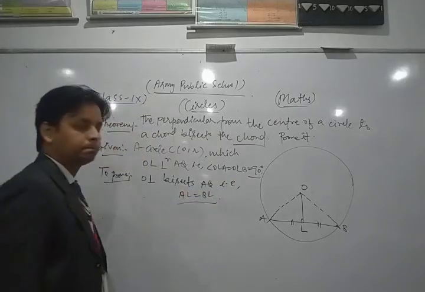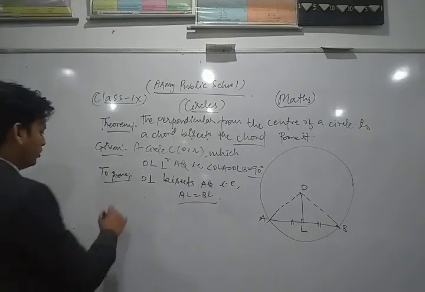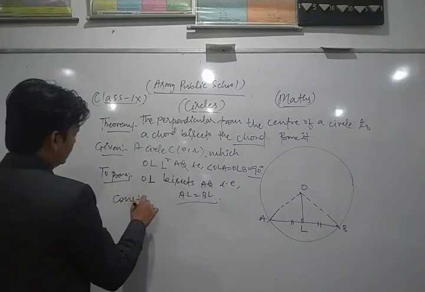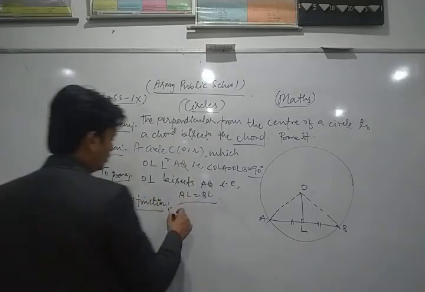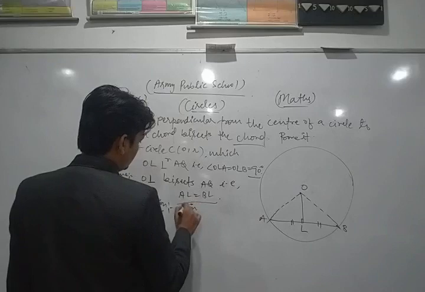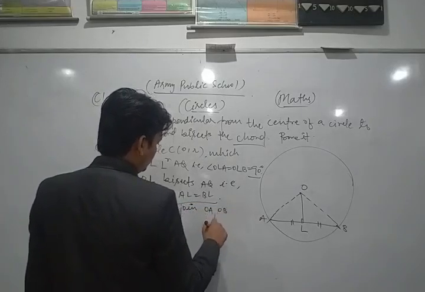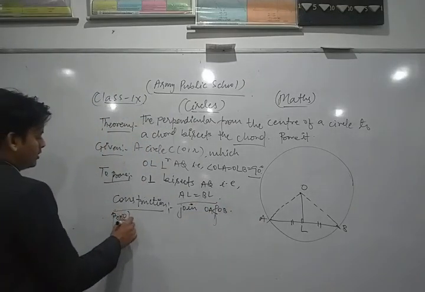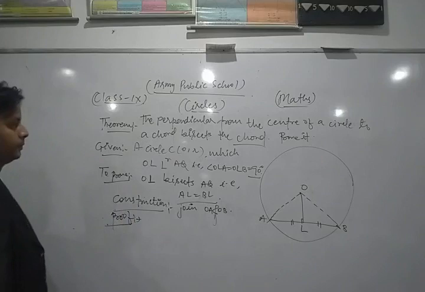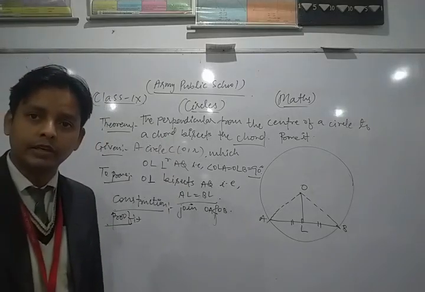We also have to do some construction. We write construction: join OA and OB. Now we will write its proof. This is the proper sequence for proving any theorem. Okay, you know that very well, students.